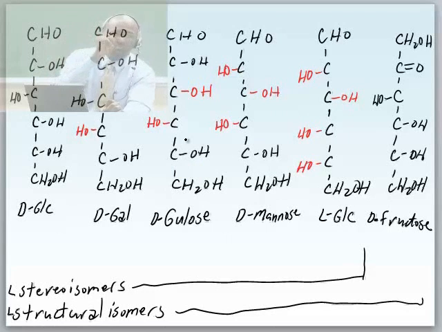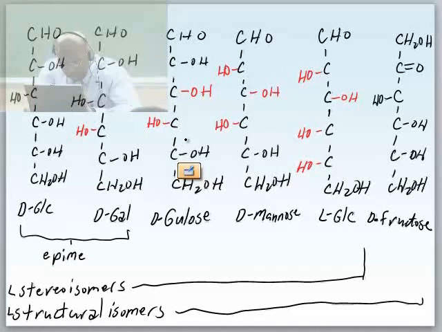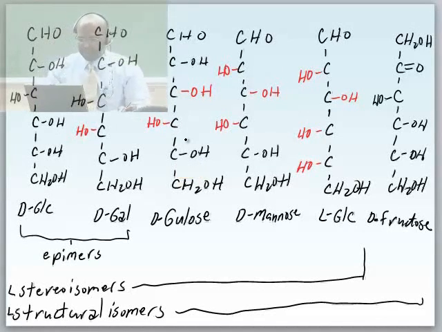They're almost the same, but they only differ in the configuration of one of their carbons. So these two are called epimers of one another. They are stereoisomers that are epimers. I shouldn't have done epimers yet. I should have done something else before epimers. Has anyone written that with a pen? Okay. That's okay. Go ahead.